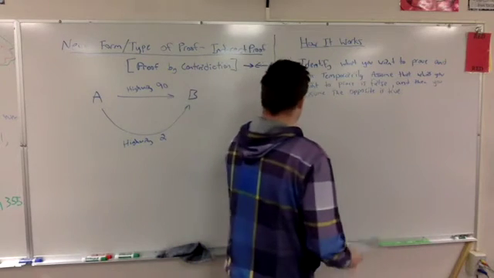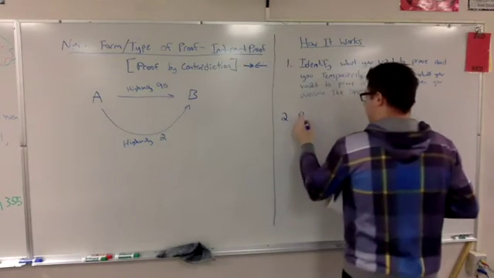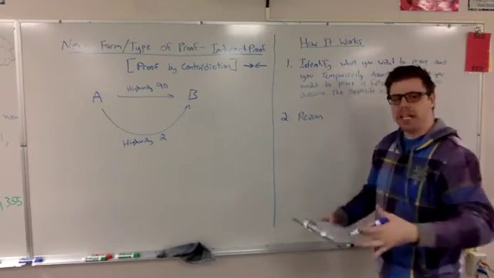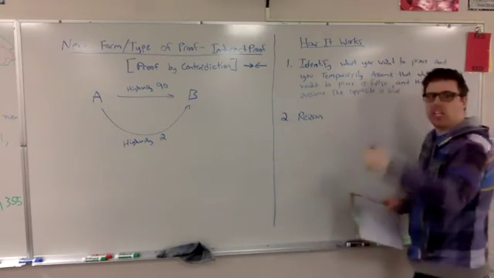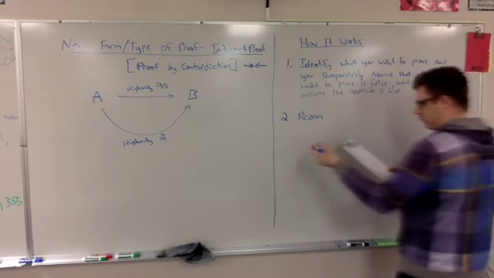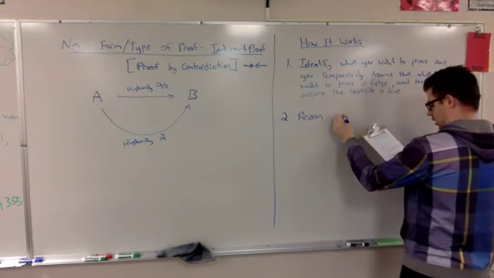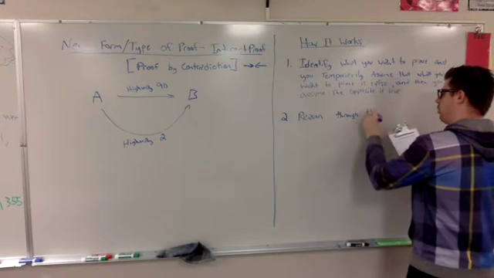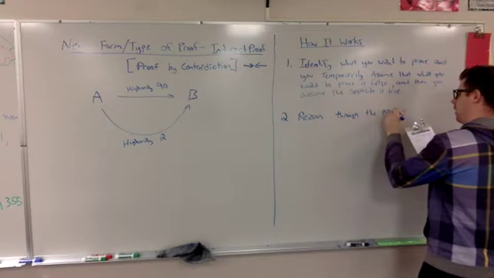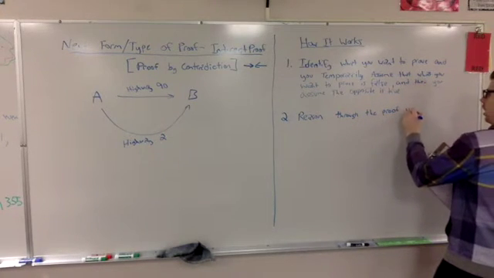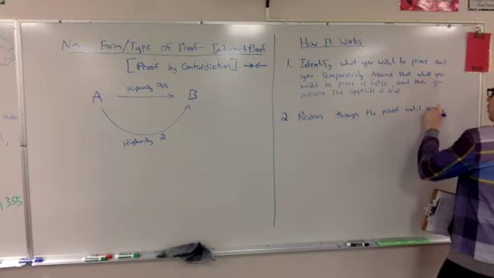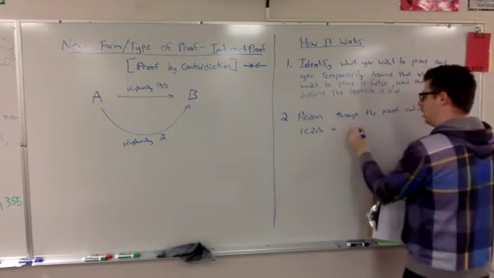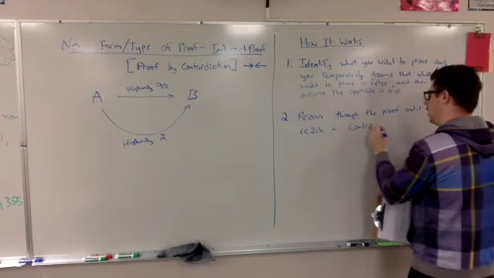And this is where step 2 comes in. You'll reason, you'll provide statements and reasons, things that back up why you're claiming such things. You'll reason through the proof until you reach a contradiction.